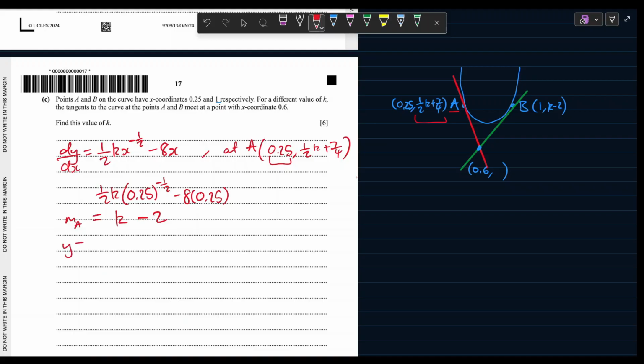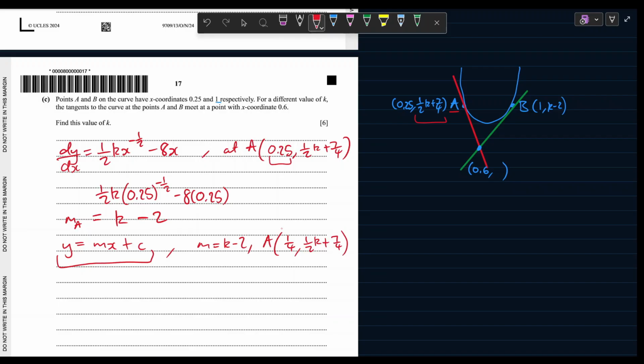So we can now find its equation using y equals mx plus c, because we know that m is k minus 2, and we can use the coordinates for the point A, 0.25 and half k plus 7/4. In fact, let me just write it as a quarter, because everything else is a fraction, not a decimal. So we need to substitute into this equation so we can evaluate our constant c.